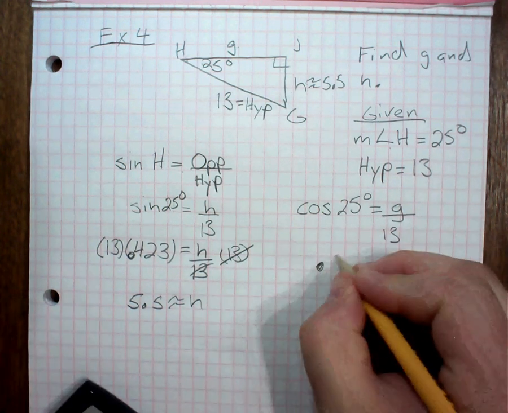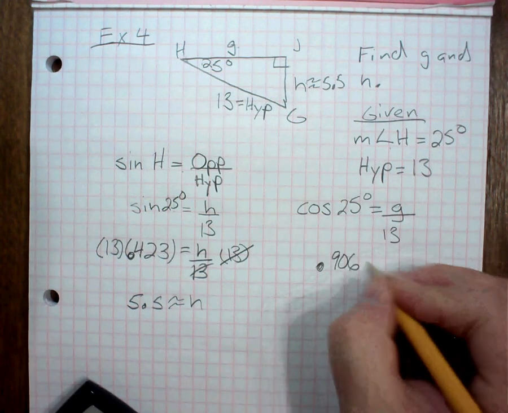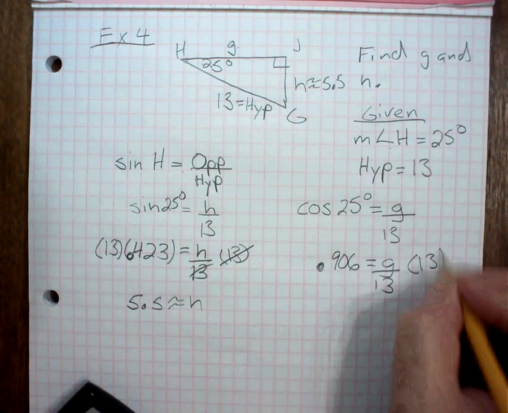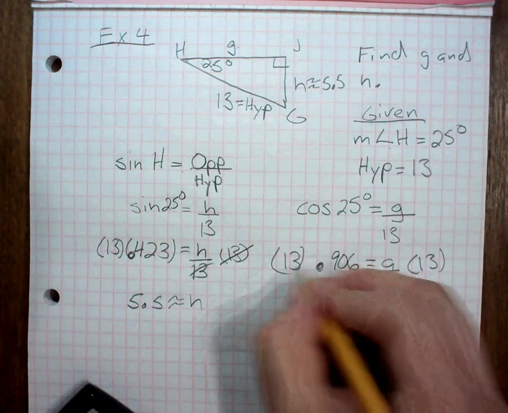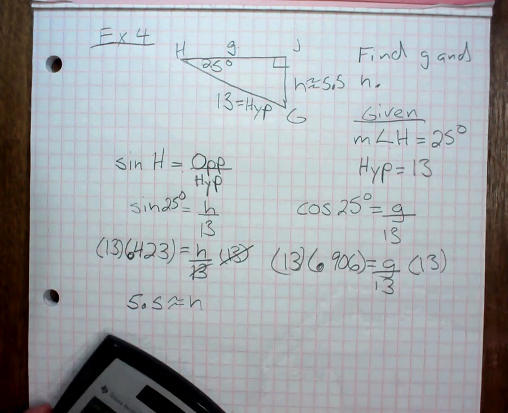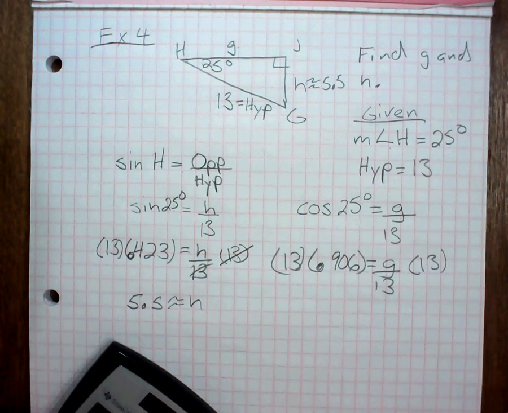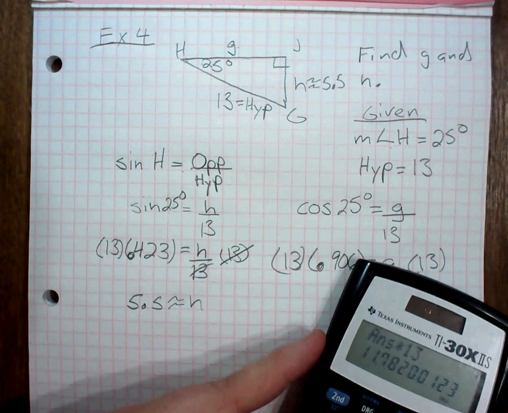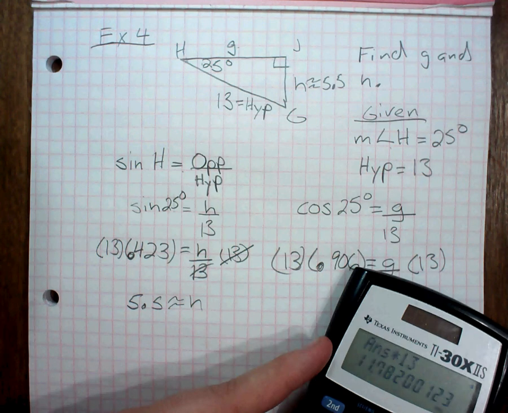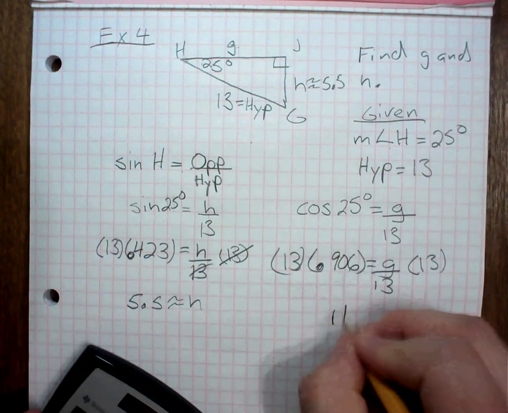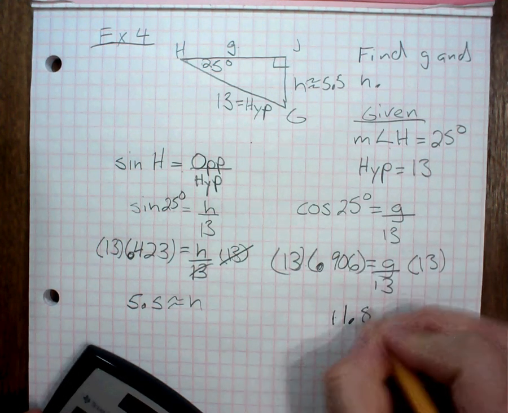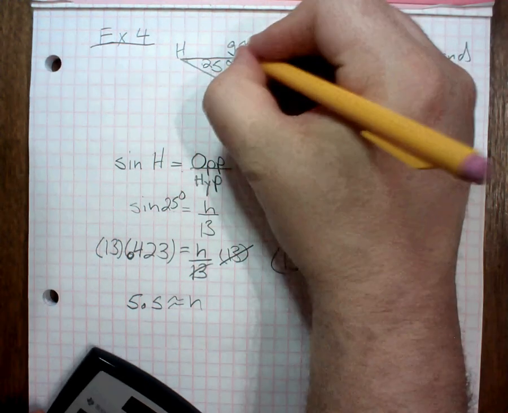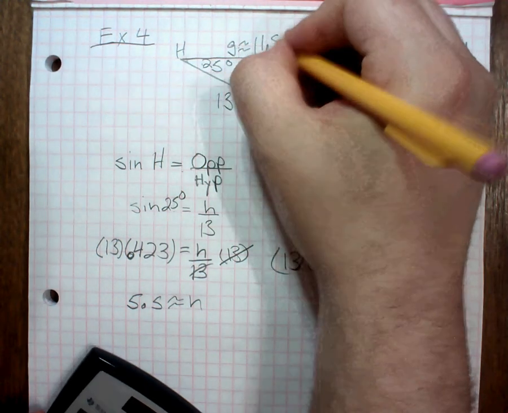So that becomes 0.906 is equal to g over 13. Multiply both sides by 13, so times 13. And when I multiply that by 13, I get 11.8. In other words, g is approximately 11.8.